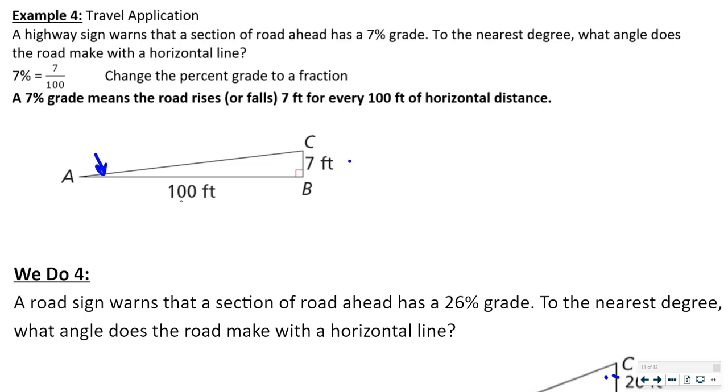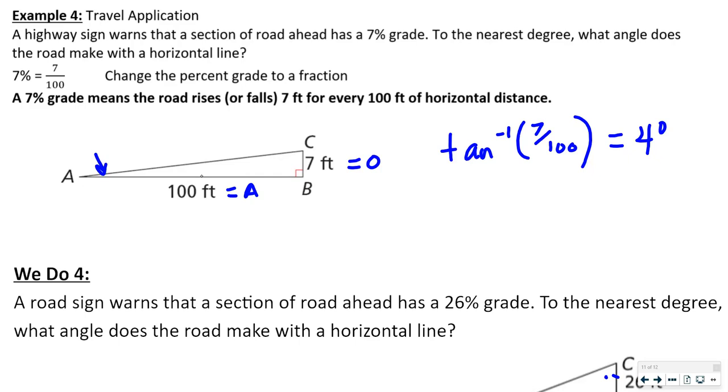This is our opposite and this is our adjacent, so we're going to do the inverse tangent of 7 over 100. Put that in your calculator, and you get a 4-degree angle.